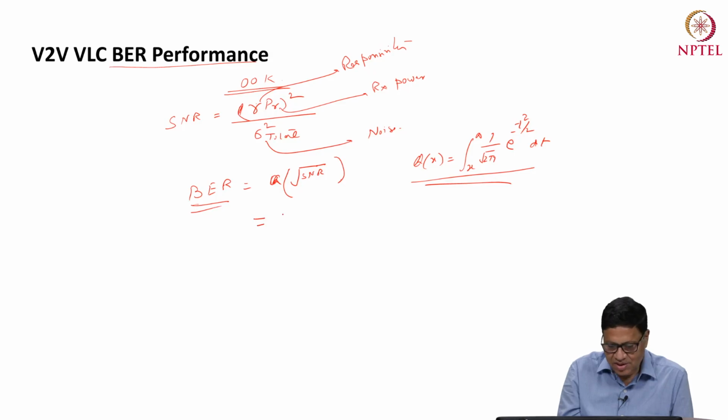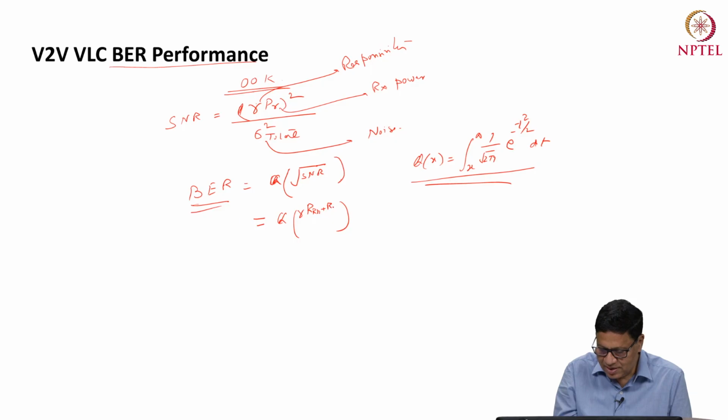And the received power is from the left side and the right side lamp, the power received by the left-hand side plus the right-hand side, divided by sigma total.